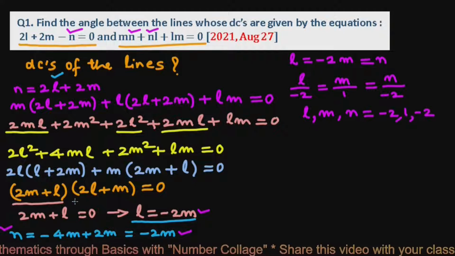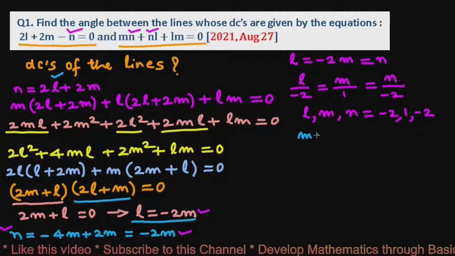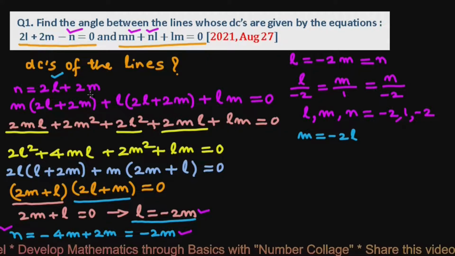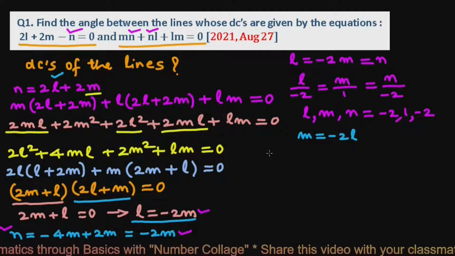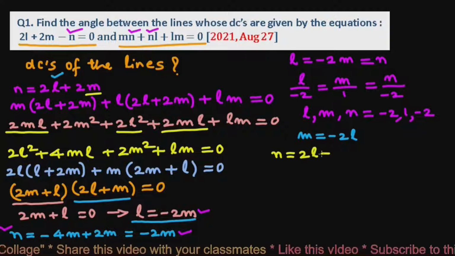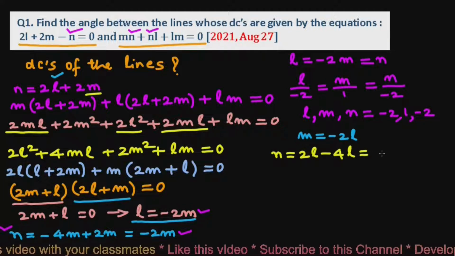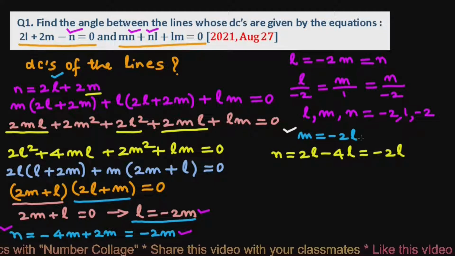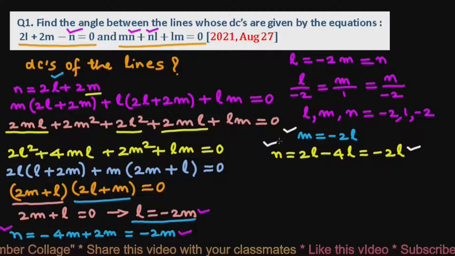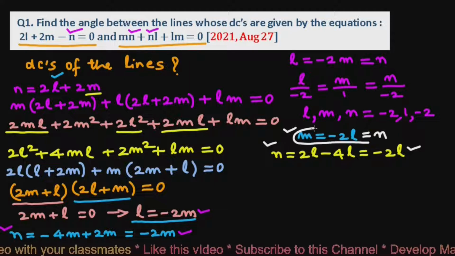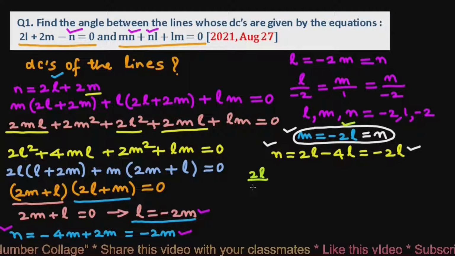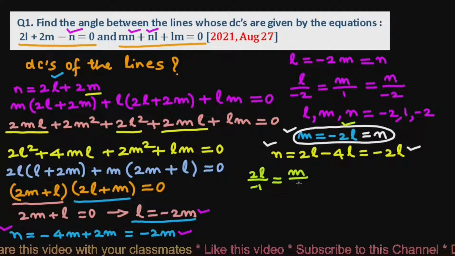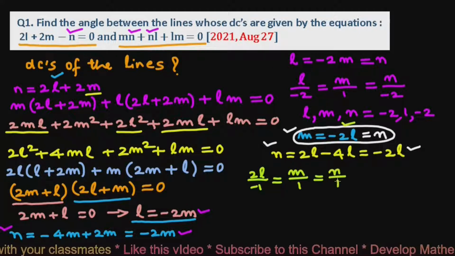Next, from this 2l + m equals 0, m equals minus 2l. Substituting this value here, we get n equals 2l minus 4l, that will be minus 2l, which is nothing but m equals minus 2l equals n. Now from this, l upon 1 equals m upon minus 2 equals n upon minus 2.